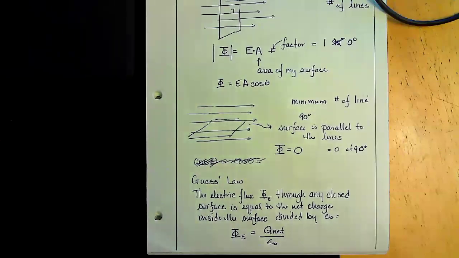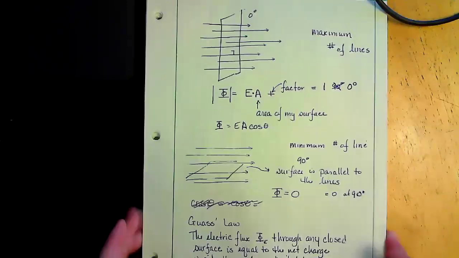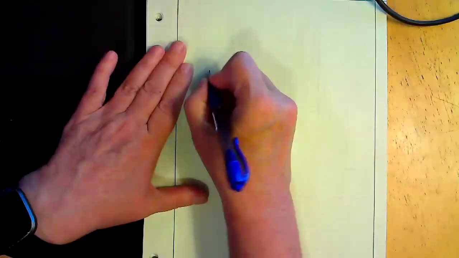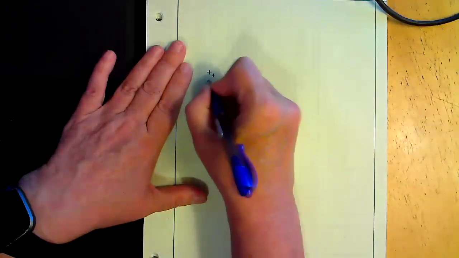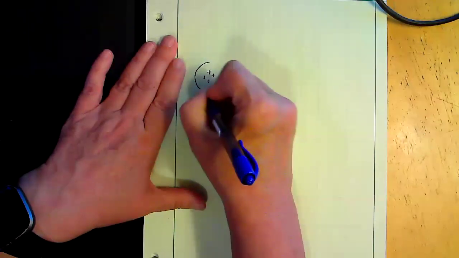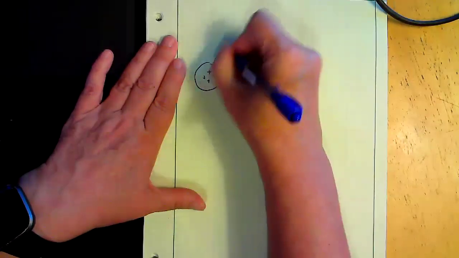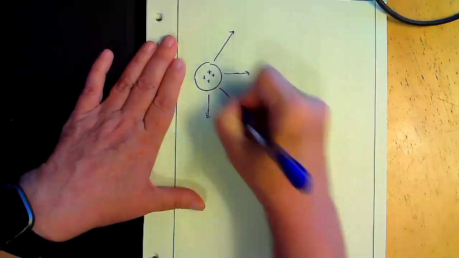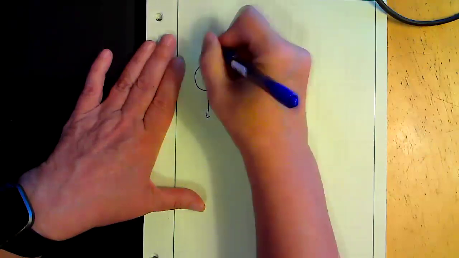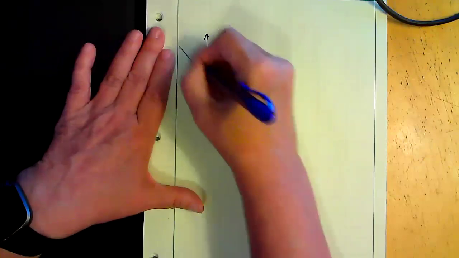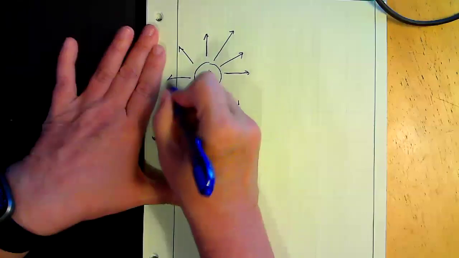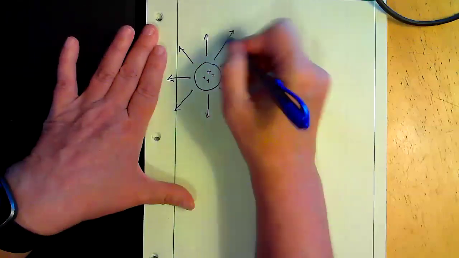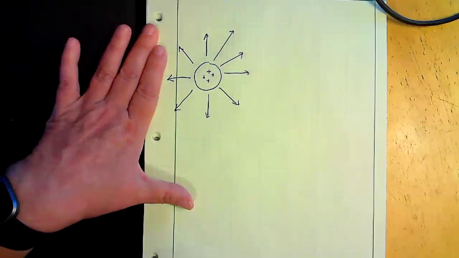So think about this for a second, okay? Think about this for a second. We just talked about the fact that I have a bunch of protons here, and we can generate my electric field around here. And we looked at our flux through that surface.